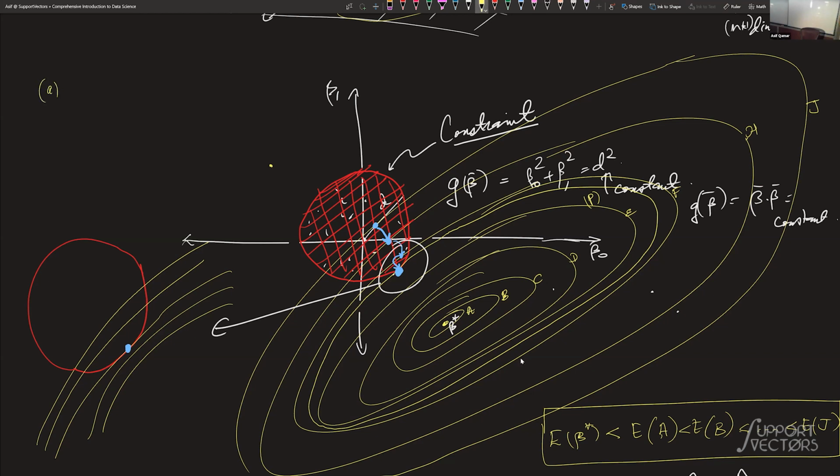Let us notice this. The yellow lines, well, not lines, yellow curves are error curves, right? Surfaces, more generally.